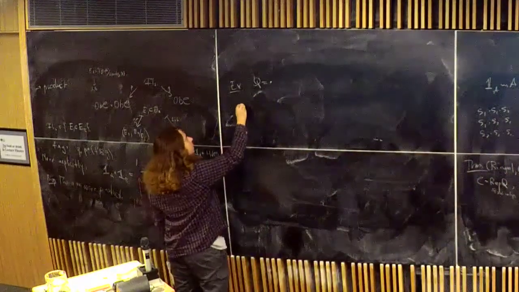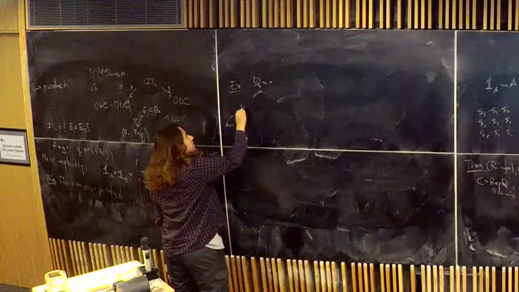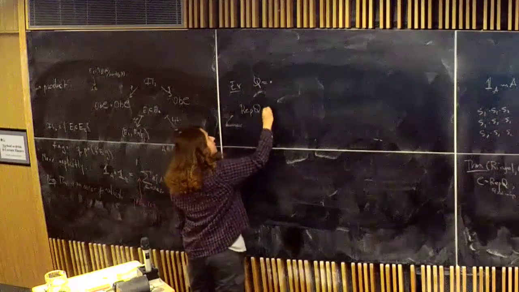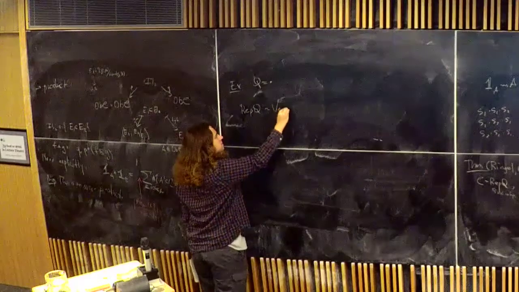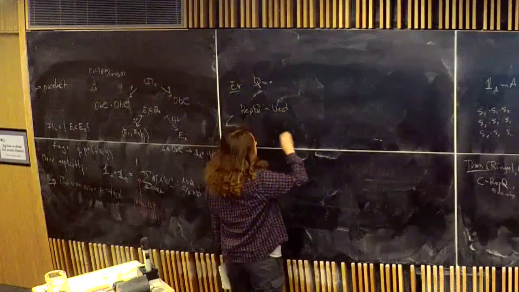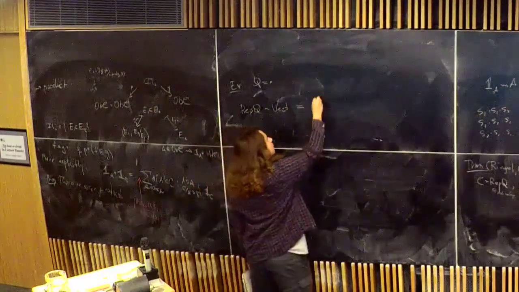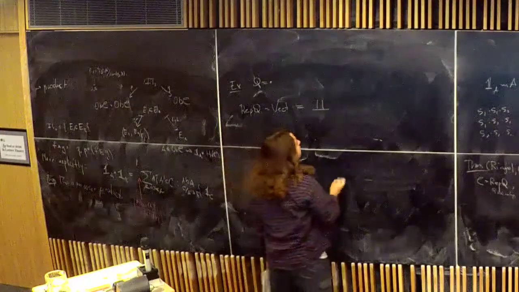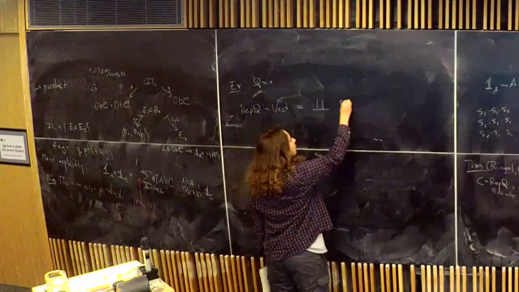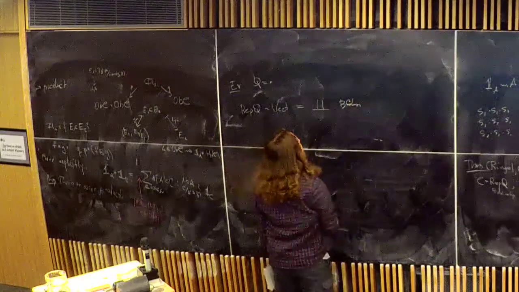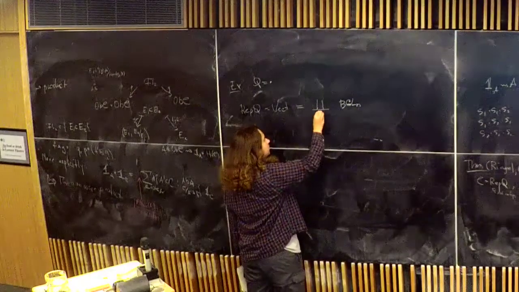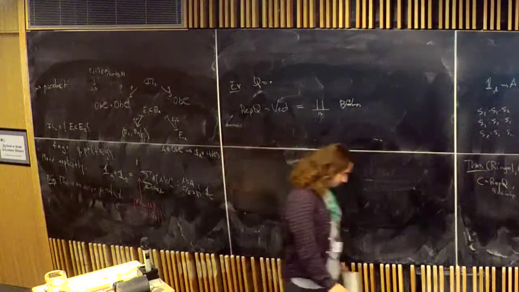First of all, representations of Q, once again, are going to be stacks, and as a stack it's going to be isomorphic to the union of V over GL_n for all n.